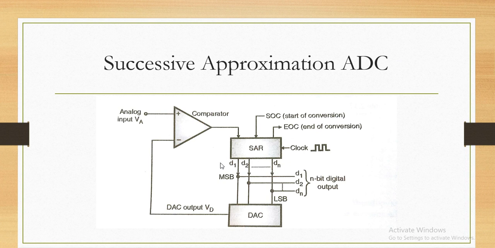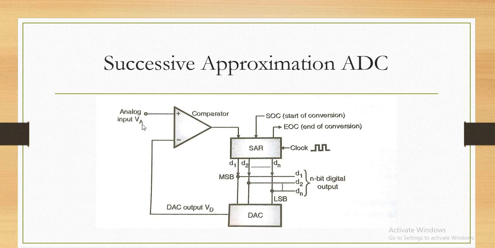Initially the SAR's output is 0. Suppose we are having an 8-bit successive approximation register type ADC, then D1 to D8 will be 00000000.